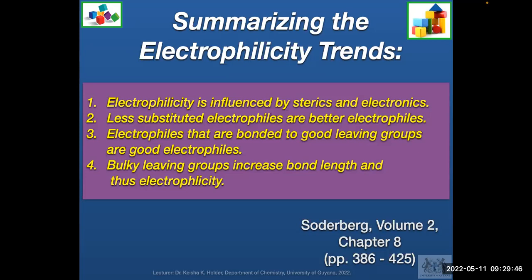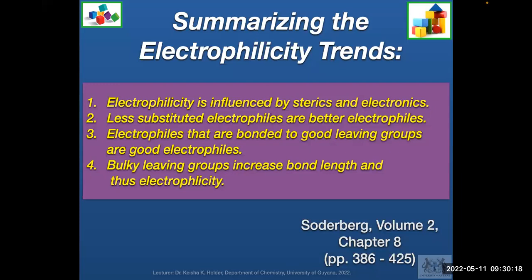The larger the charged dipole, the longer the bond length, and the better the electrophile is. And as you know, we would have had that conversation as well about those variables that play out in this particular scenario. Suffice it to say that electronics basically are part of what governs the reactivity of any chemical compound.